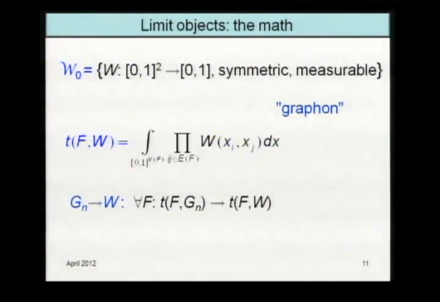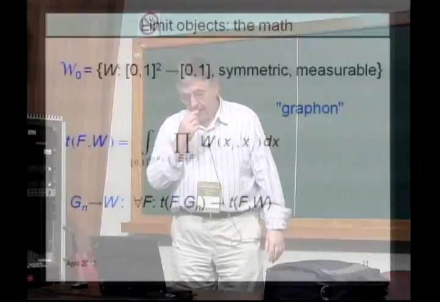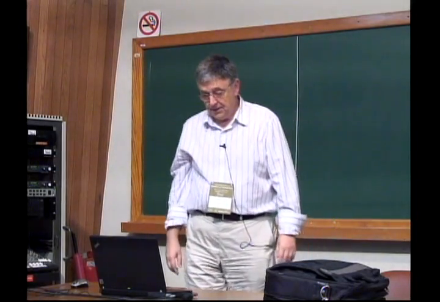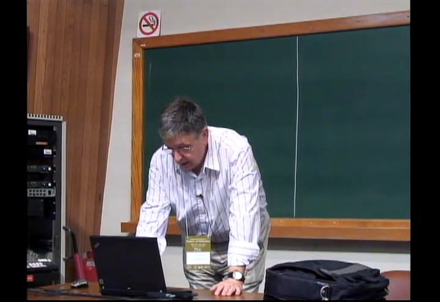And so we say that a sequence G_n tends to this graphon W, as we have seen examples of, if for every F, the density of F in G_n tends to t(F,W). So it's convergent if this density tends to something, and W represents these limiting values. Okay, so this is a definition.